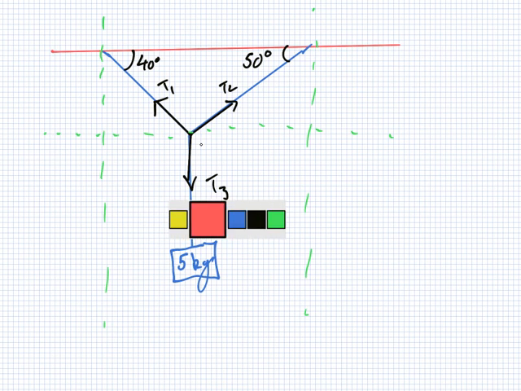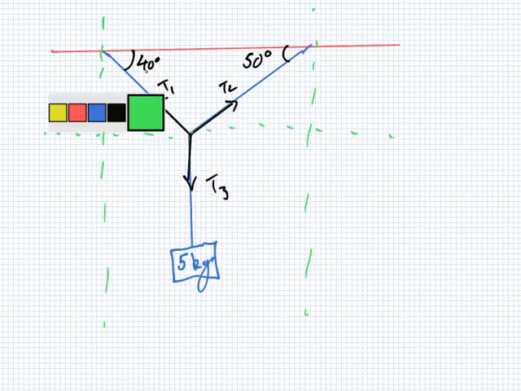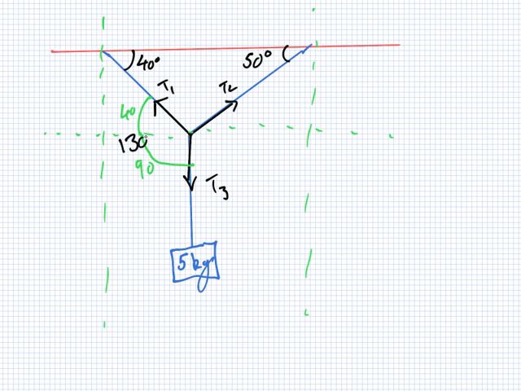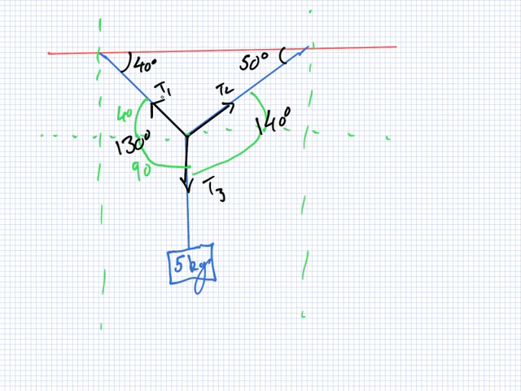So I need the angles. If this angle here is 40, then this one here is 40. And because this is 90, the total angle here is 130. Now, if that's 50, this is 50. And if that's 50 and that's 90, then this is 140. And if that's 140 and 130, that's 270, which means this last angle here must be 90.